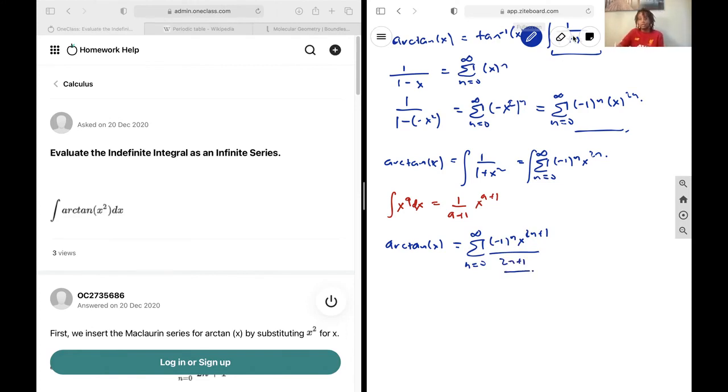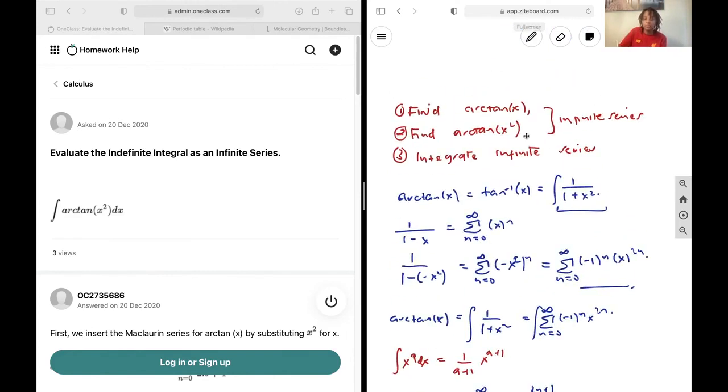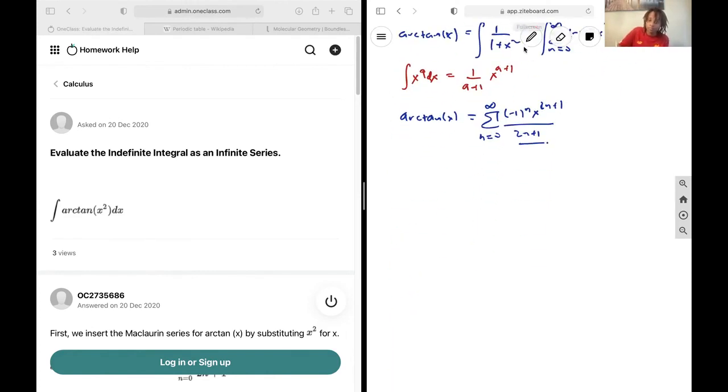Next up, we want to find arctan x squared, as we said here. So we do that by simply substituting x with x squared.